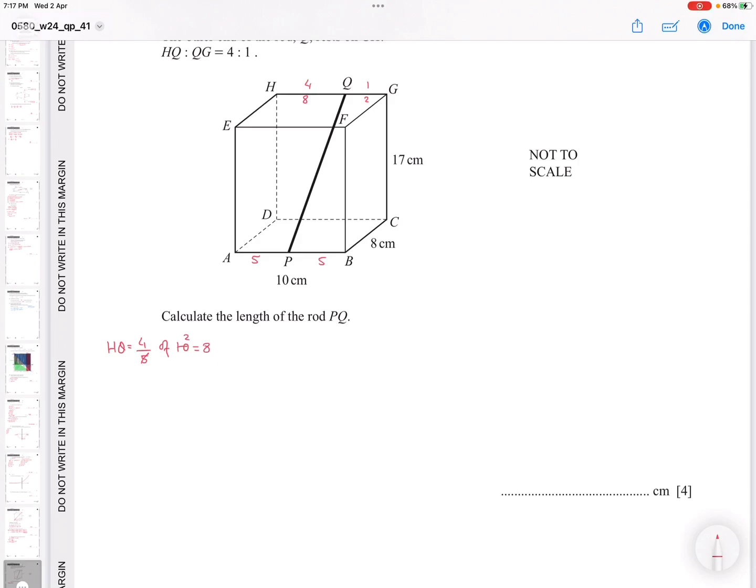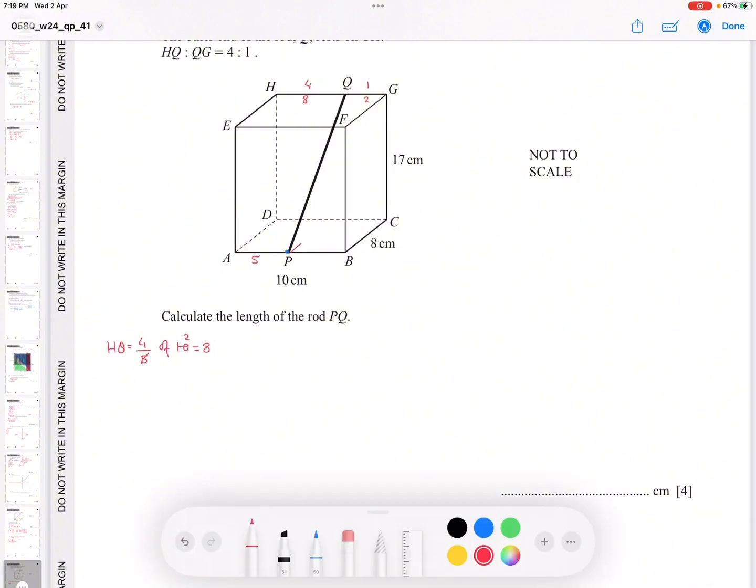So now if I take... now this line is parallel to 8. No, I want this line parallel to 8.